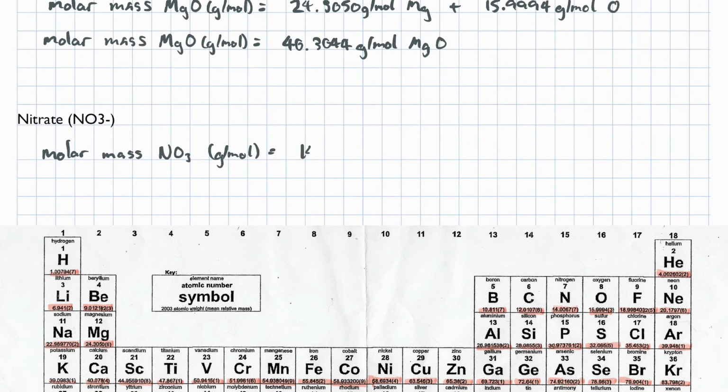So nitrogen has an atomic mass of 14.0067. And then again, oxygen is 15.9994, so we multiply that by 3.